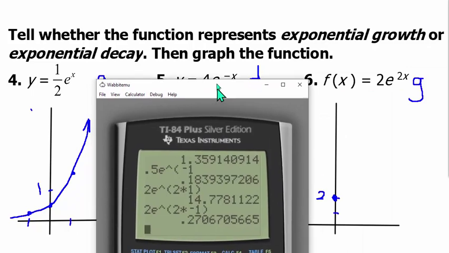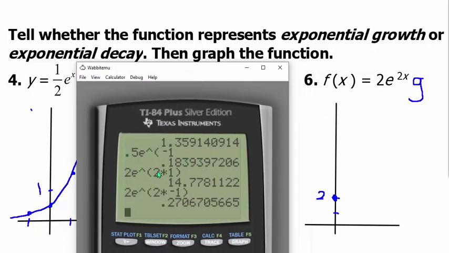So I do want to show you when I have the graphing calculator, 2 times e to the power. In my particular calculator, it does come up with parentheses already. So I am safe to type in multiple things in here. I could have just put in 2 and a -2. But in this case, I'm going to go down to less than 1/4.